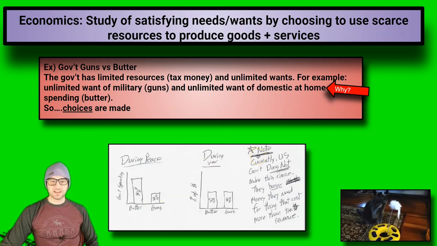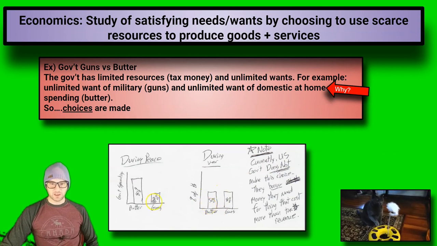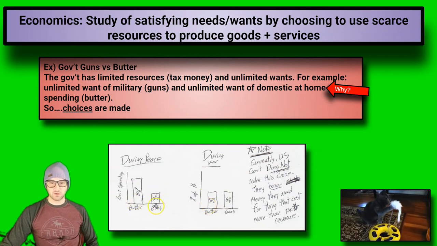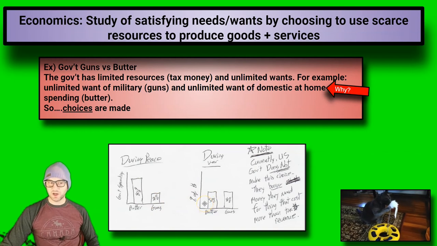Now, here's a note. This choice is not really hard anymore for the government. Currently, the U.S. does not make this choice. They don't cut spending if they want to spend more. So if they want to spend more on things at home, they don't cut the military. And if they want to spend more on military, they don't cut the other things. Government may cut, but not so they have more money for something else. Because the government, every single year that you've been alive, is borrowing money to pay the bills.